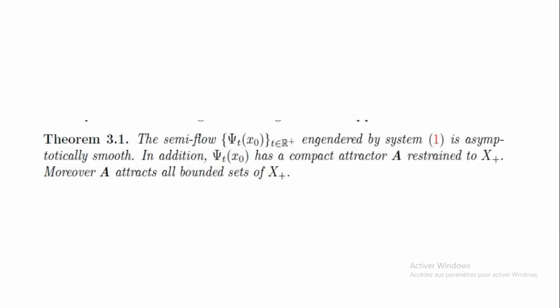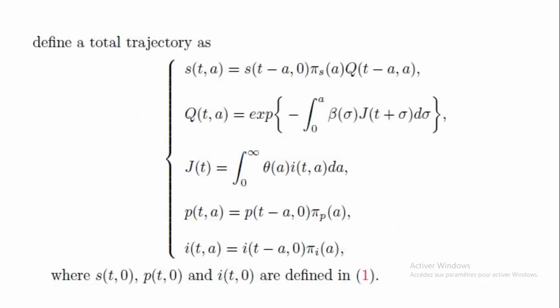We have a theorem which means that there is a compact set which attracts all solutions of our model. Now we search for the total trajectories. The system of total trajectories is given by this system, and remark that total trajectory means that t is real, not only non-negative as in the first Volterra equations.